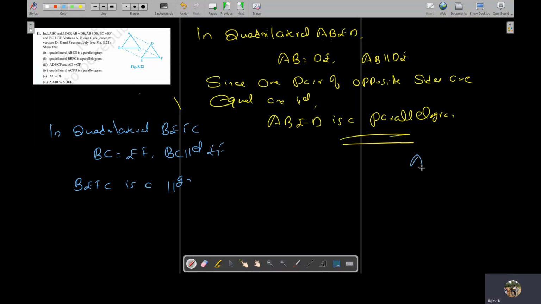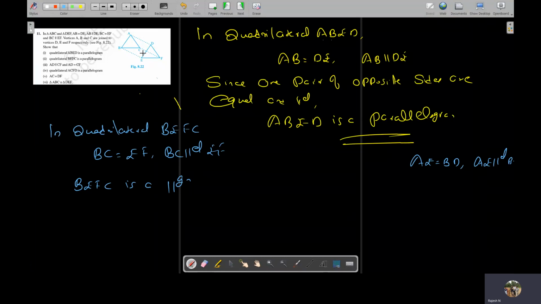AD is equal to BE, and AD is parallel to BE. Next, BEFC is a parallelogram, which means what can you say?